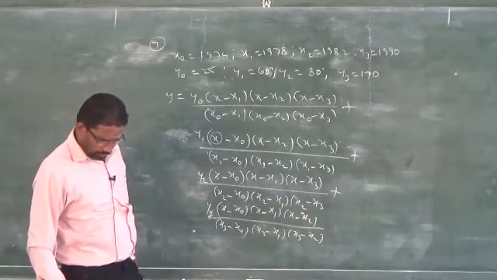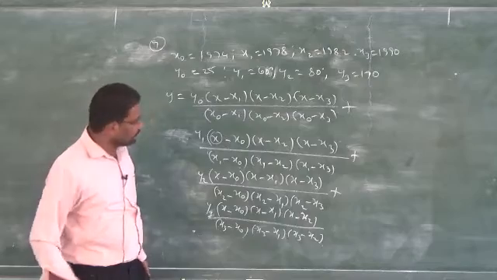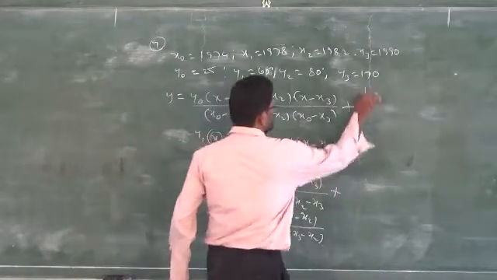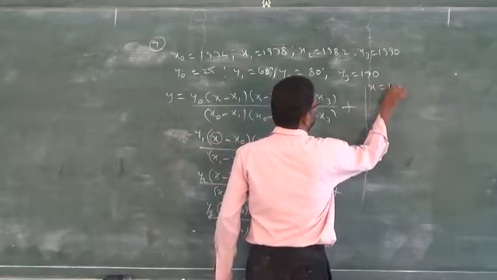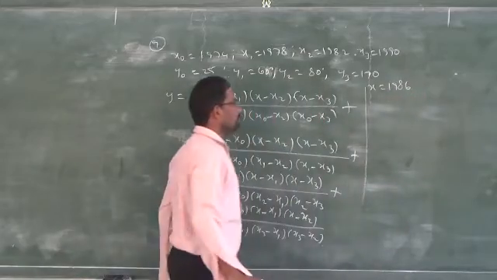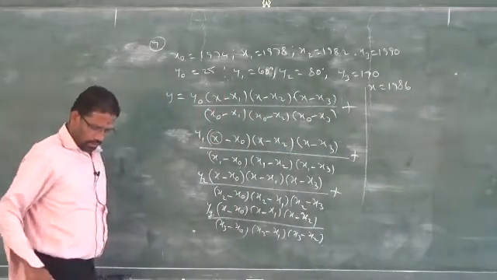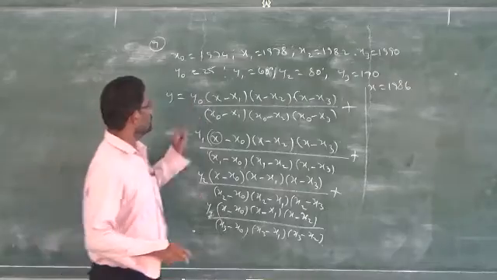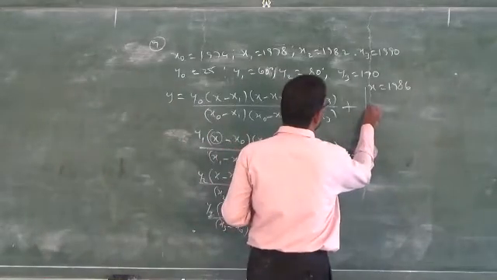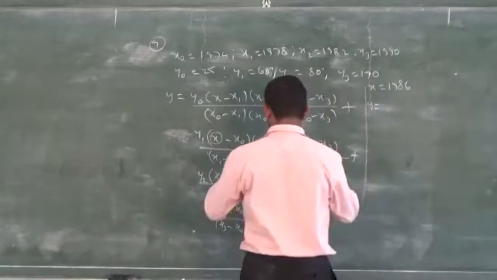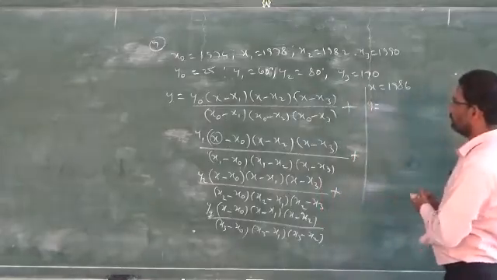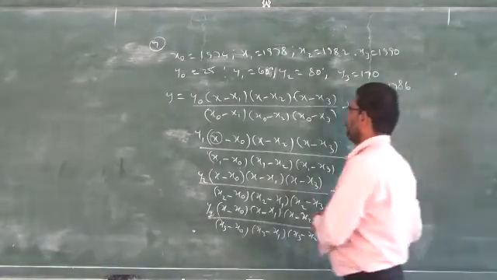They have asked to find the value for x. Here it is given that x is equal to 1986. You have to find the population in the year 1986. So you just substitute: y is equal to, it is a bigger formula so you have to memorize it.